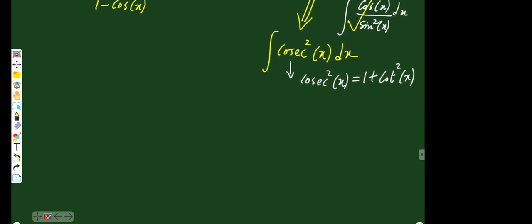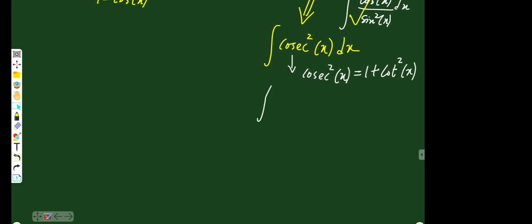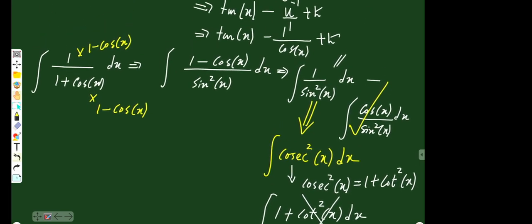Now, if you think in that line, this would be integration of 1 plus that. Now again, you are stuck here. Integration of cos squared x, we don't know. So now you can see we are stuck in this question.